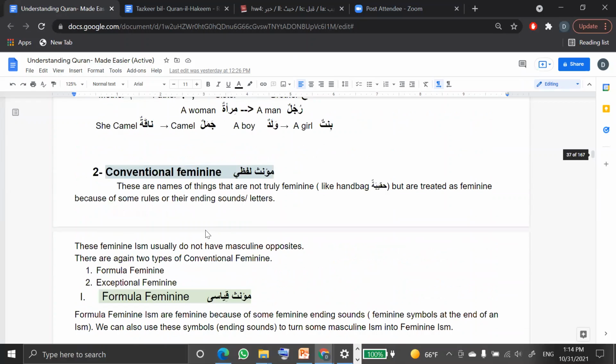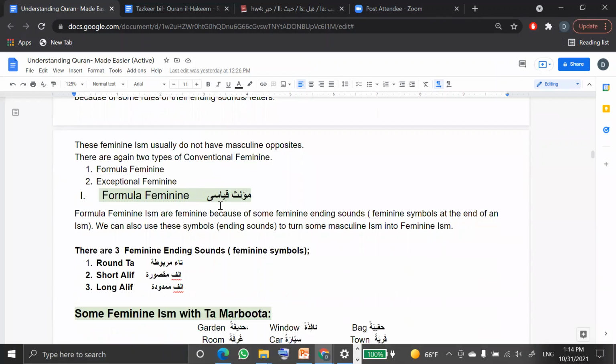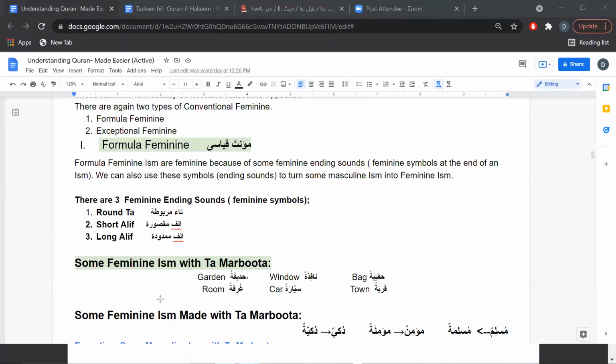Okay, so in conventional feminism, some of the isms we recognize by their ending. They are like this. Let me mark this one. Look, the first ending is ta marbuta.